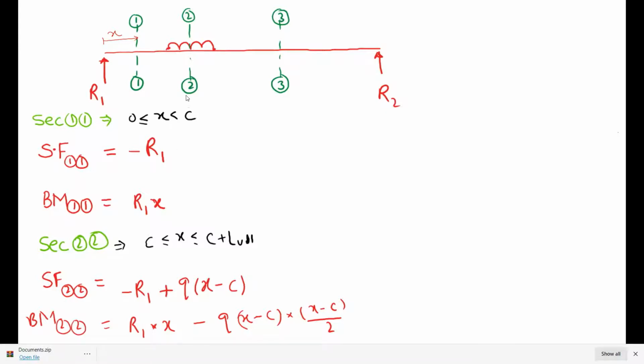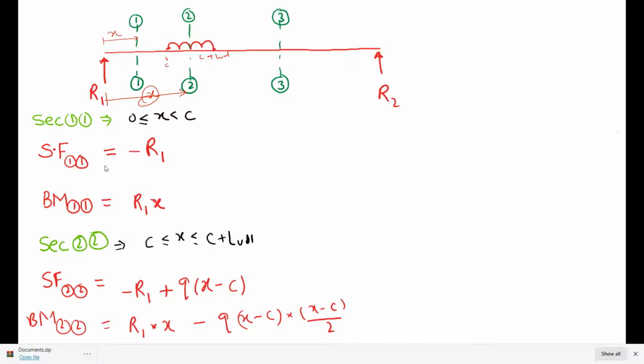We will add the shear force within this section, the sum of all the transverse forces acting on either the left or right side of the section. From this point the variable is x, and this variable x starts from C, which is here, to C plus LUDL, which is this point.